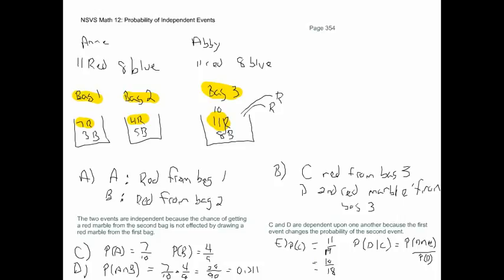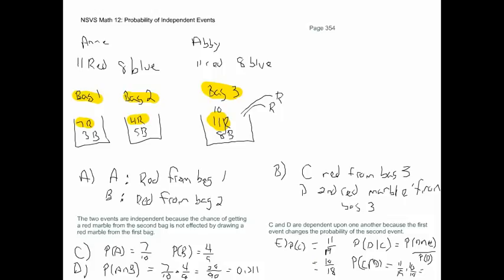So we have the probability of C and the probability of D. Then it says determine the probability of C and D. Well, the probability of C is 11 and 19. Probability of D is 10 and 18.